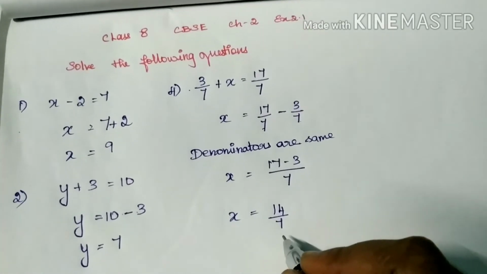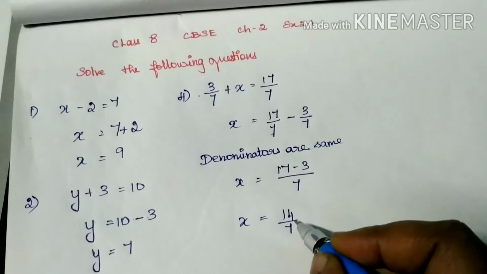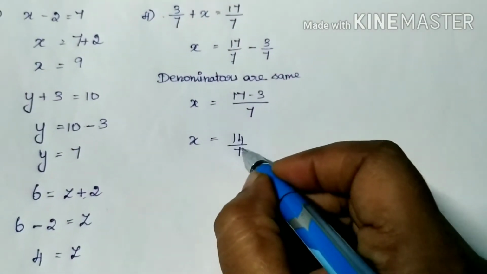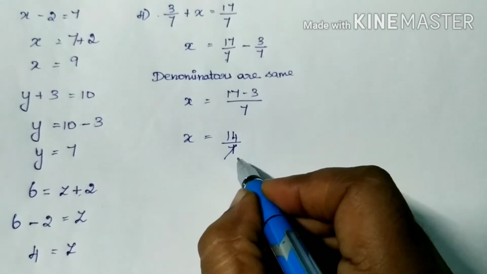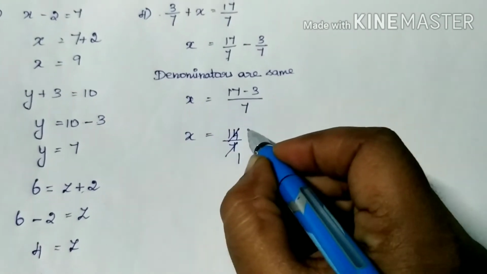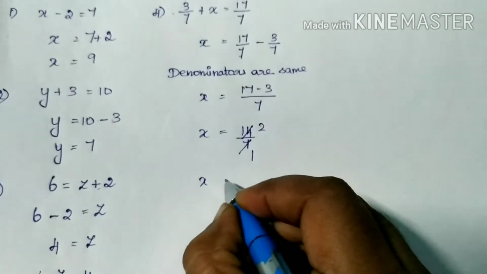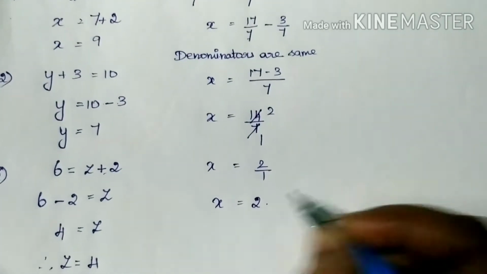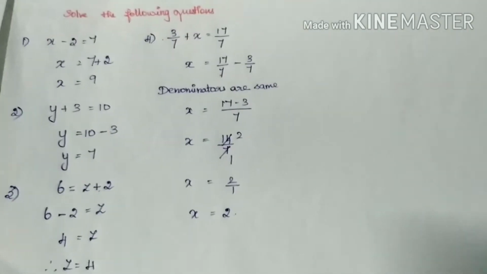If it is cancelable, then you can cancel. 7 is a multiple of 7. 7 ones are 7 and 7 twos are 14. So x is equal to 2 by 1, that is x is equal to 2. So this is the value of x.